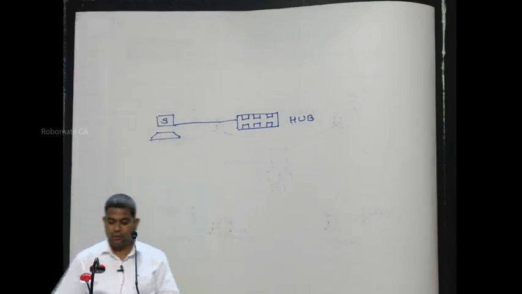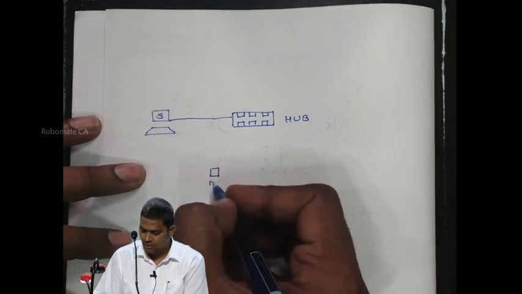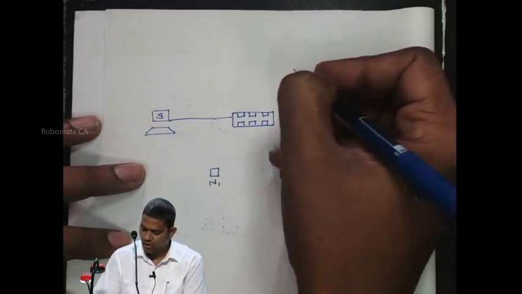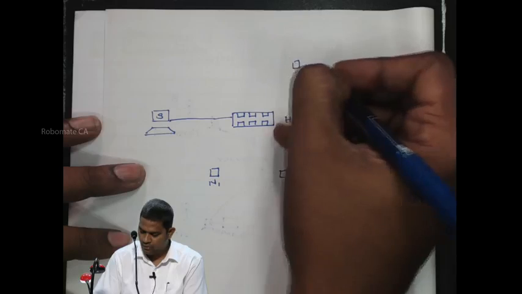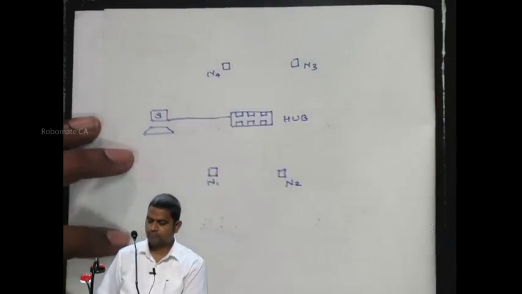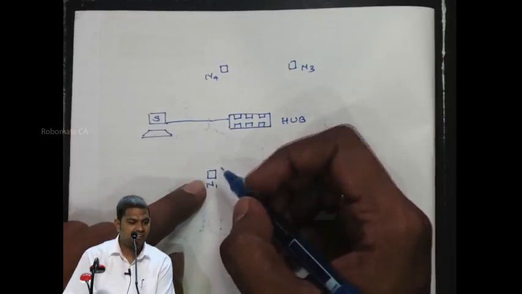Now, take into consideration a node. Say node 1. We have node 2. Also we have node 3. And we have node 4. All these nodes are available. Now a node has a network interface card.